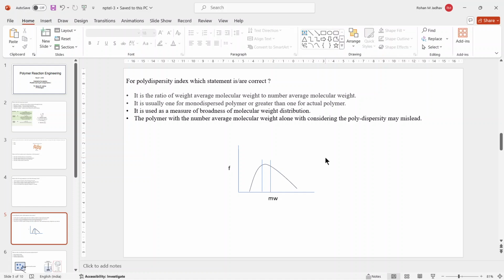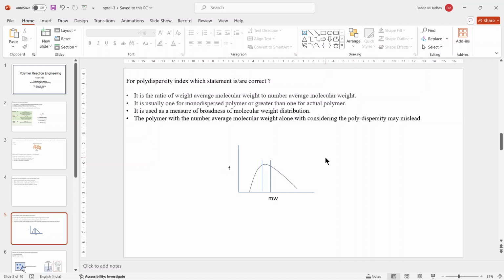Why does that happen? It happens because the weight average molecular weight considers the weight of the highest chain while accounting for the average molecular weight, whereas the number average molecular weight accounts for the highest number of a particular size chain which is present inside the polymer.